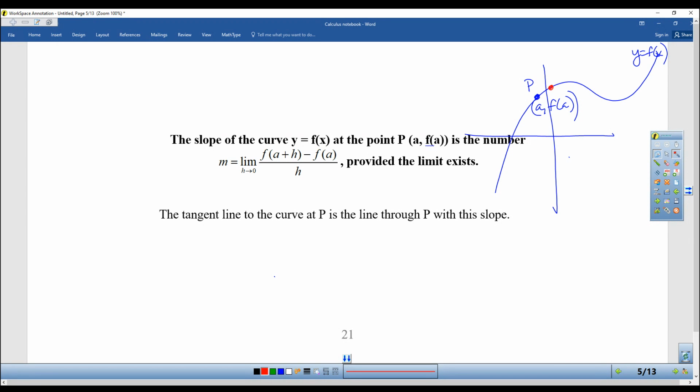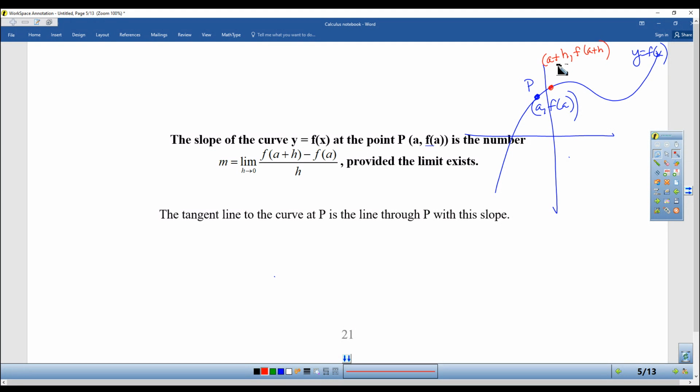The second point, the dummy point we made, wasn't meant to be mean. They often say a dummy variable or a dummy point when it's a placeholder of some kind, meaning it doesn't actually matter. It's even used in bridge, the card game. So a plus h, comma, f of a plus h.